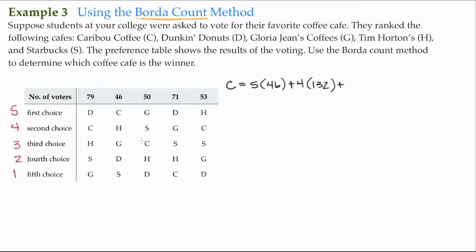Here's Caribou Coffee here. Got 50. So I'll say 3 times 50. There are 3 points assigned to the third choice. For fourth choice, Caribou Coffee did not get any, so we won't worry about that one. And then for the fifth choice, we assigned 1 point. Caribou Coffee got 71.